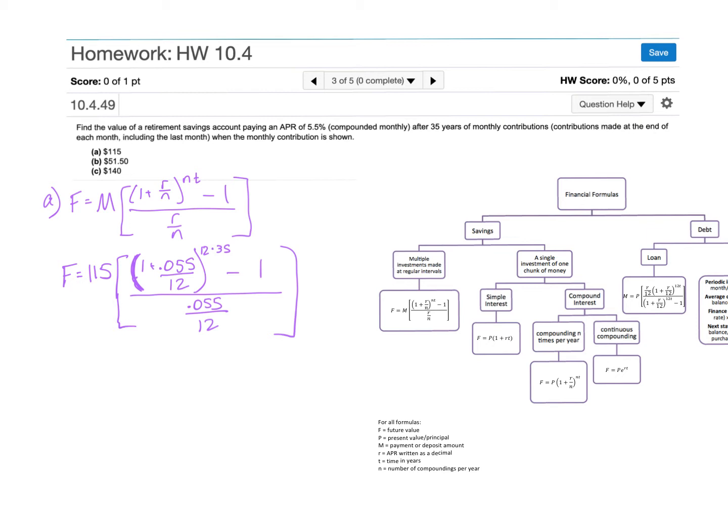Now it's a matter of doing this on the calculator. I'm going to start by doing 0.055 divided by 12, because the order of operations says you should do things in the parentheses first, and within the parentheses, you should do the division before the addition.